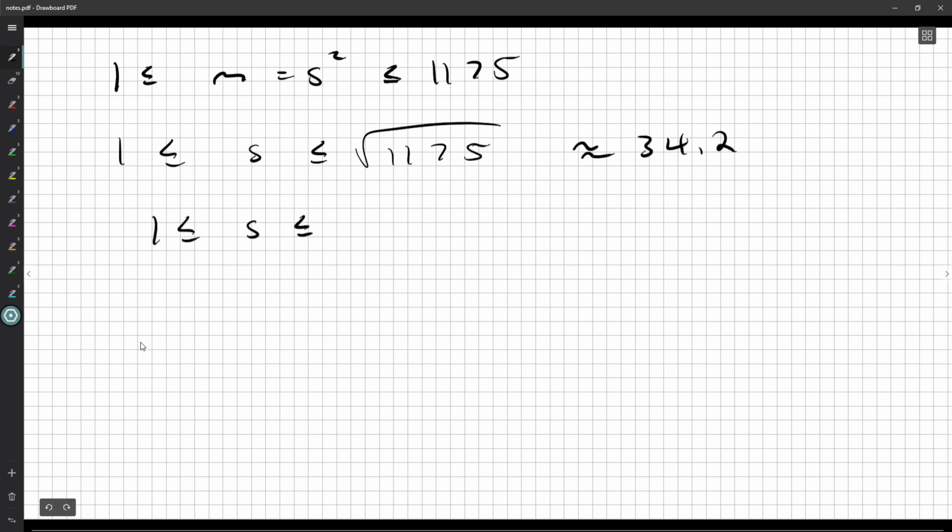So s can be any value between 1 and 34. So we get 34 choices for what m is going to be. Okay? 34 choices for s, and then 34 choices for m, once you square them. So it goes all the way up to m possibly being 1156.